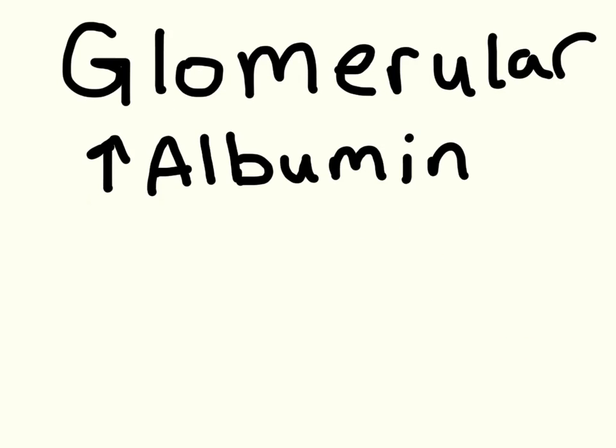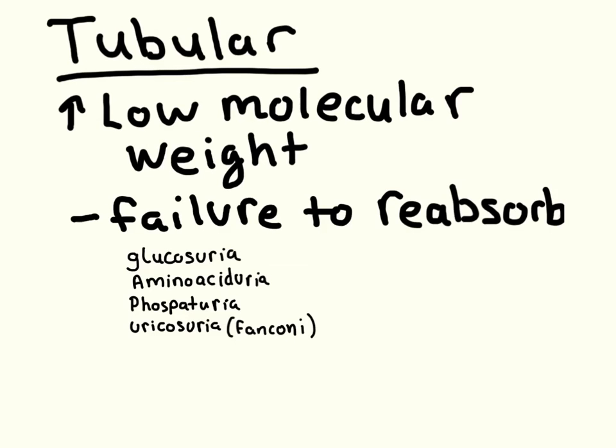The hallmark of glomerular damage is a high albumin in the urine. With tubular problems, you get a lot of low molecular weight proteins in the urine. This is due to a failure to reabsorb those proteins, and it can be caused by high glucose in the urine, aminoaciduria, phosphaturia, and Fanconi syndrome.